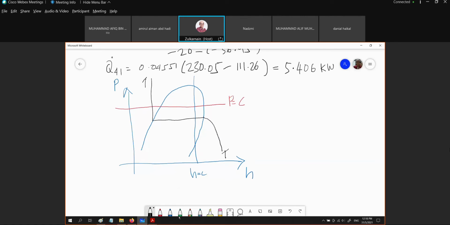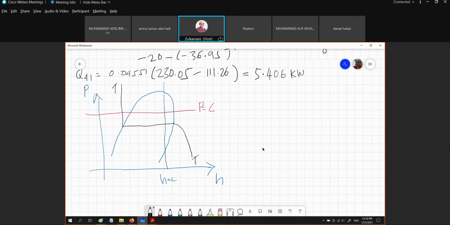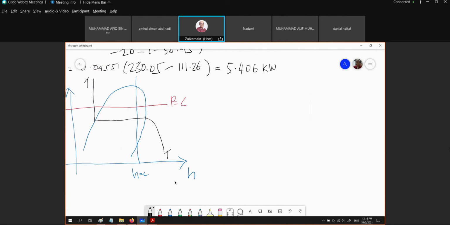Okay? So we try to sketch this particular question on a pH diagram. Now we are going to convert the TS diagram to the pH diagram. So this P and this is our H. This is our saturation line.